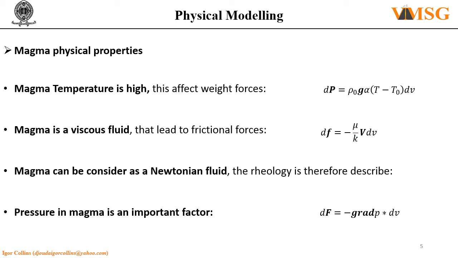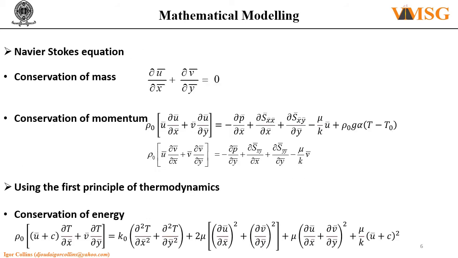Pressure in magma is an important factor. Therefore, the forces due to pressure can be described by this relation, where P is the pressure and dV the elemental volume. For the mathematical model, we use the physical modeling to constrain the mathematical model. During the ascent of the magma, we know that the rate of magma that enters a closed surface is the same as what goes out of the surface.